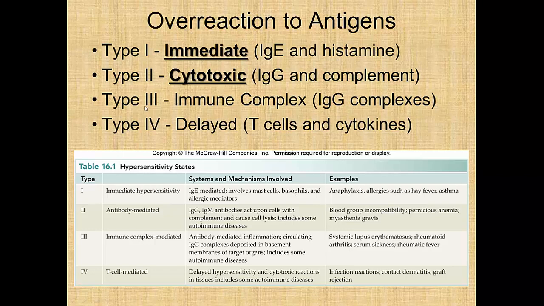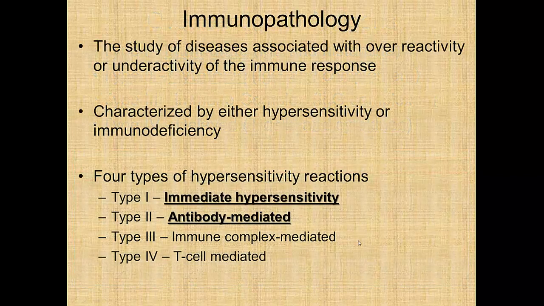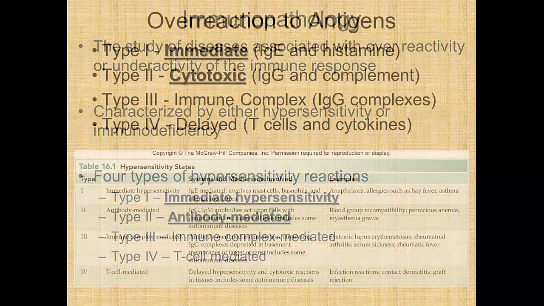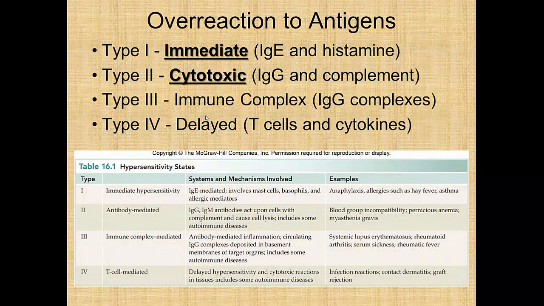A type 3, going back here, is sometimes referred to as an immune complex mediated reaction. Type 3 involves the same antibodies, IgG. Once again, it also involves IgM. So add that one as well, IgG and IgM.